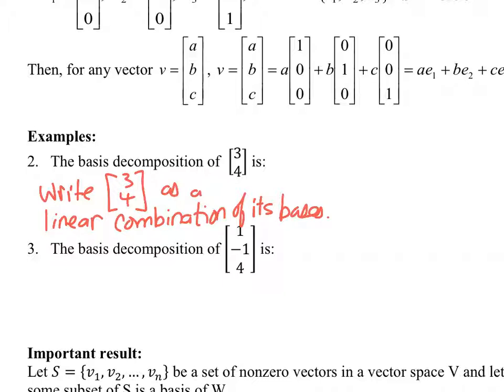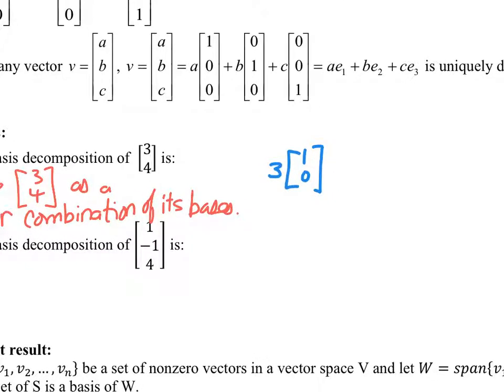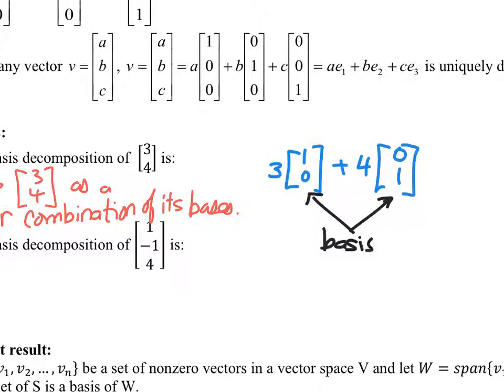It'd be what? 3, 1, 0. Exactamundo. So we're looking at 3 times 1, 0 plus 4 times 0, 1, and that's because 1, 0 and 0, 1 form the basis of real space dimension 2.